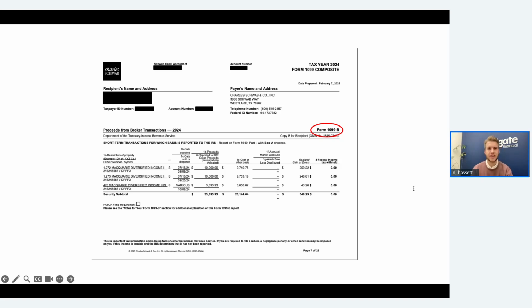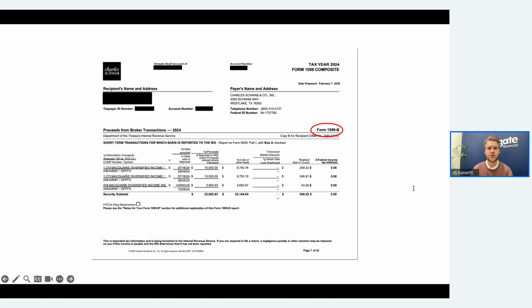And you'll see there that the first one, what is that, September of 2024, this individual had sold $10,000 worth of the DPFFX, or the Macquarie Diversified Income Fund. Their cost basis when they purchased it, it was worth about $9,740, sold 10,000 of it. And so there's a $259 gain, right? Realized gain.